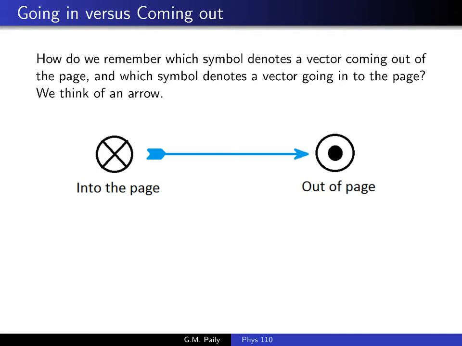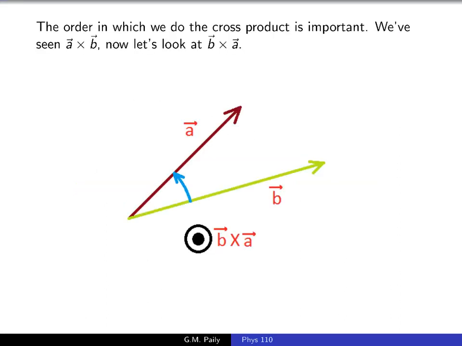If an arrow is heading away from you, what you see moving away are the feathers of the arrow. And so we denote this by a circle with an X. And so, once again, we see that B cross A points out of the page in this case.